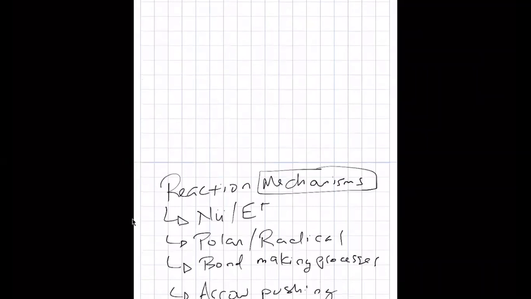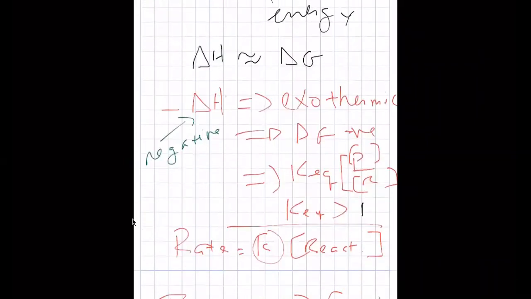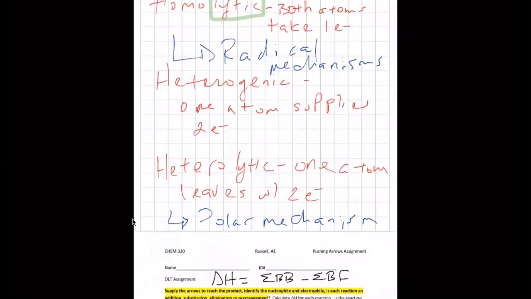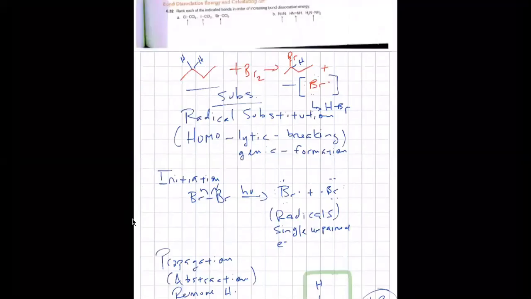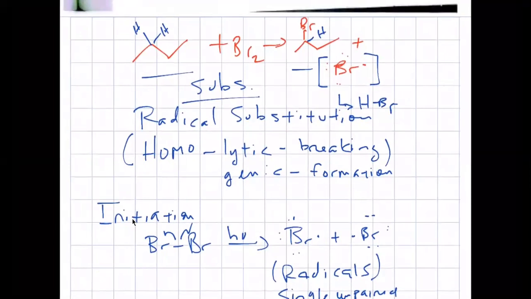Actually, let's go to the notes on that. So where is it? Let me find it. Here we go. All right. So we've already talked about substitution, elimination, addition, rearrangement being the reaction types. So with radical substitution, which is what we have shown here, it is a substitution.